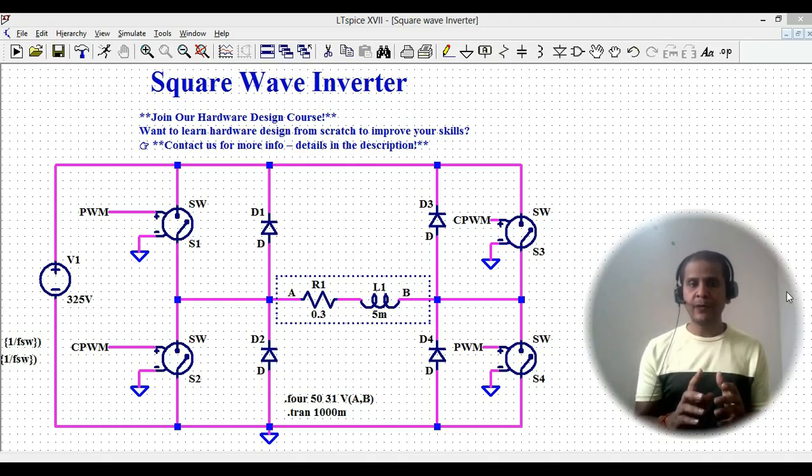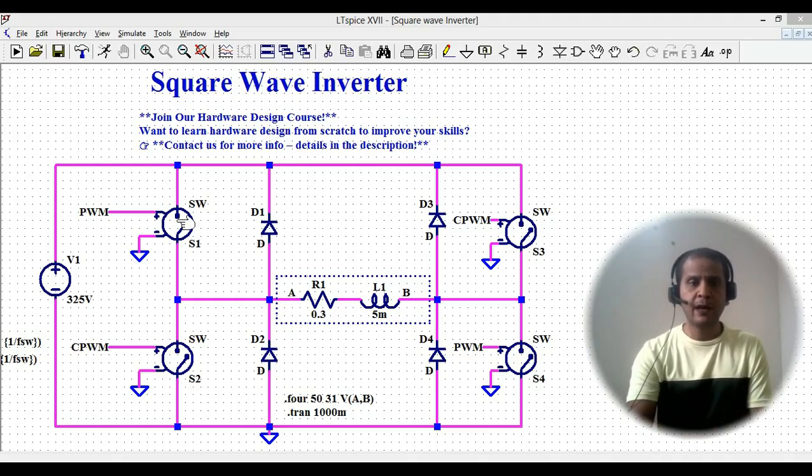Okay, so let us first understand the design and simulation, how you can build the circuit and what I have done, how you can build your own square wave inverter circuit, right? So if you look here, what I'm doing is I'm using 4 switches.